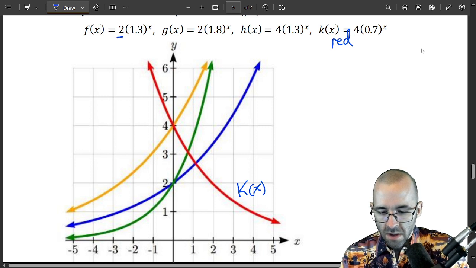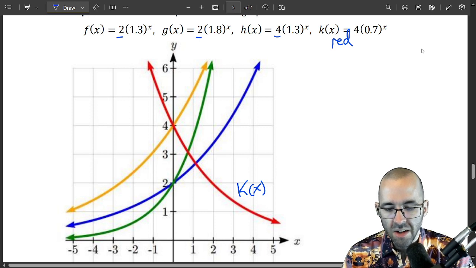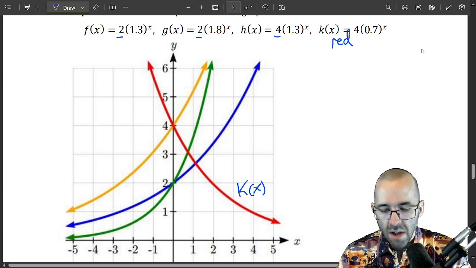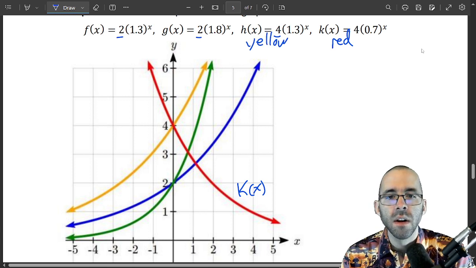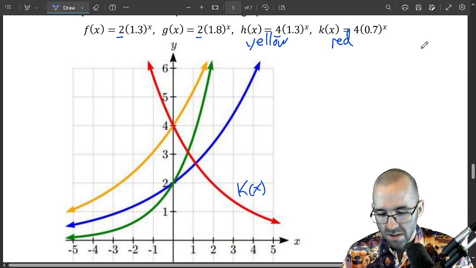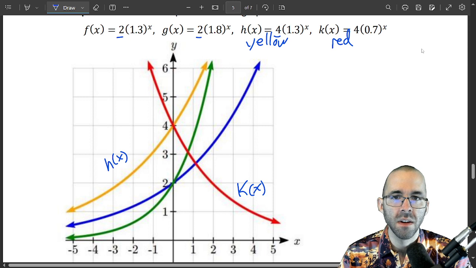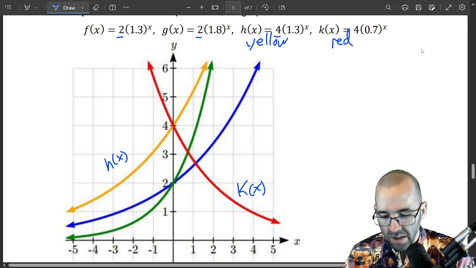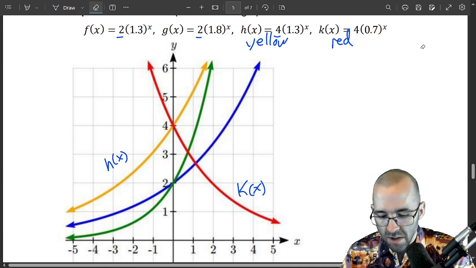Okay, so now we got 3 more left, yellow, green, and blue. Well, these two have the same starting value, but this one's got a unique starting value. This one has a starting value of 4. That's going to have to be the yellow. Right? Yellow is the only one other than the red, which we've already done, that has a starting value of 4. Now we're stuck by looking at these two, green and blue. They have the same starting value.